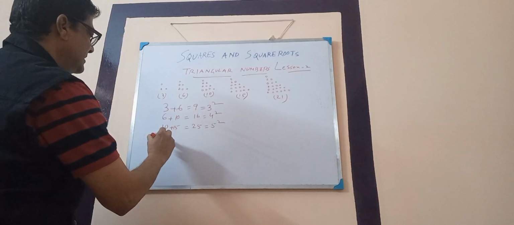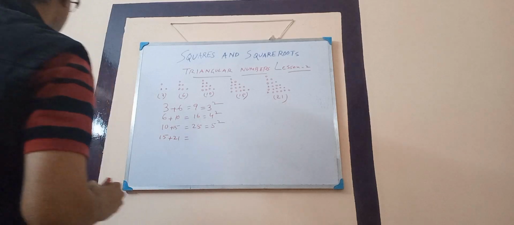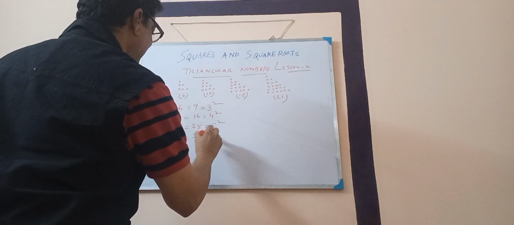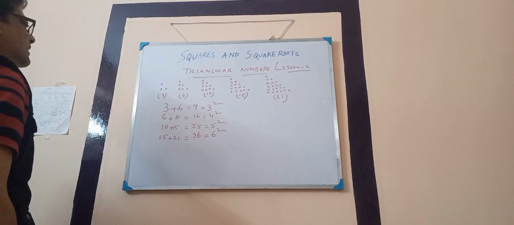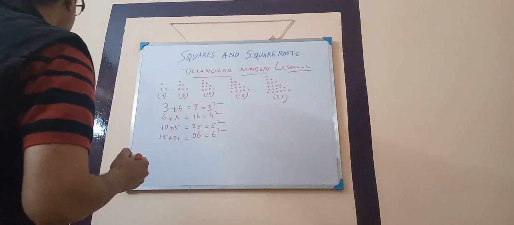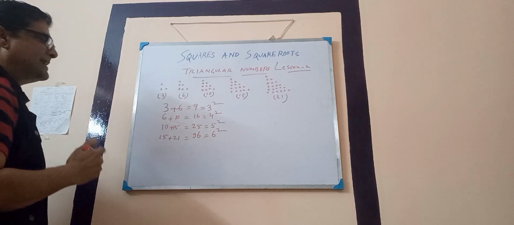Now if I add 15 plus 21, this is 36, and that is also a square number. So if I add two consecutive triangular numbers, we will get a square number.